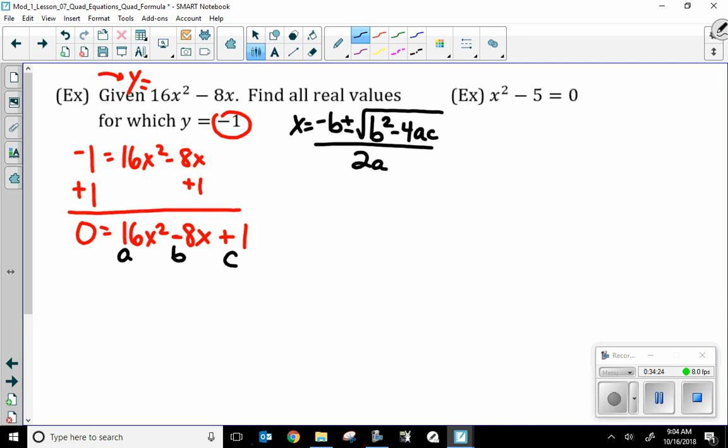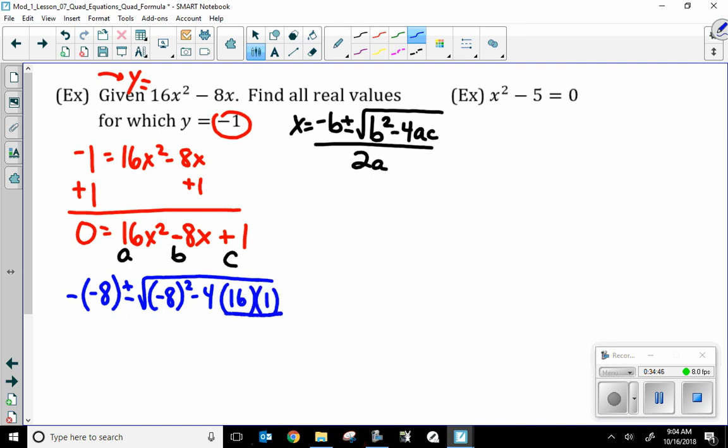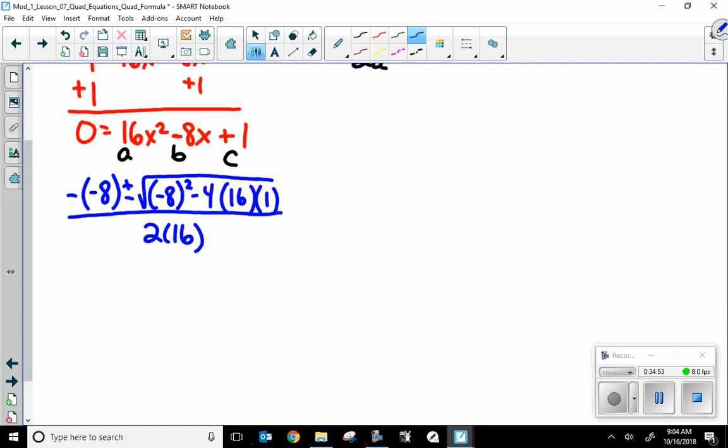All right, let's do this. I have the negation of b, which is negative 8, plus or minus the square root of b, negative 8, squared minus 4 times a, which is 16, times c, which is 1, all over 2 times a, which is 16. Let's simplify.